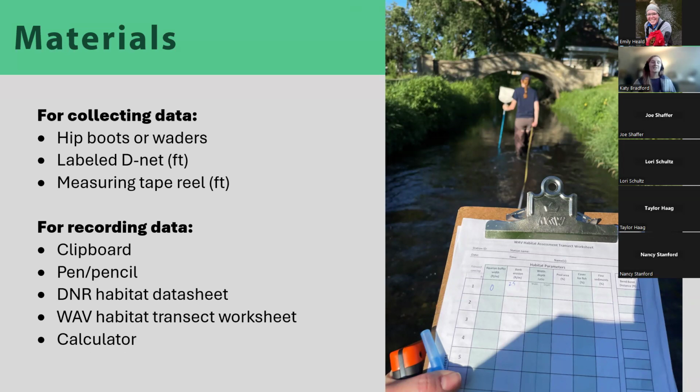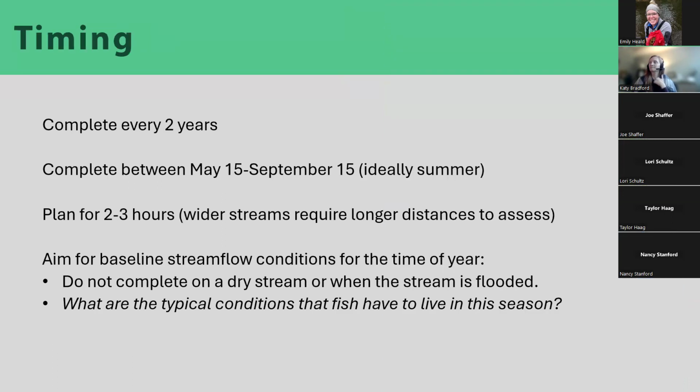And then apart from that, just your clipboard with your data sheets, pen, pencil, and you can either bring a calculator or your phone, or you can do the calculations on shore later. And the two data sheets that we're going to use are the DNR form I showed earlier, the data sheet with the habitat parameters. And then I also created a transect worksheet where you're going to go through your stream reach and assess each of the habitat parameters.